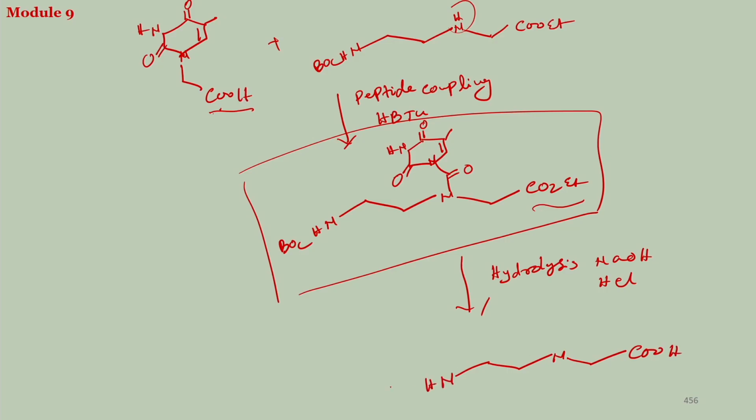This will keep your BOC. Now, here there is a CH2, I am sorry, there is a CH2 here, there is a CH2. So, base, this would be your monomer.